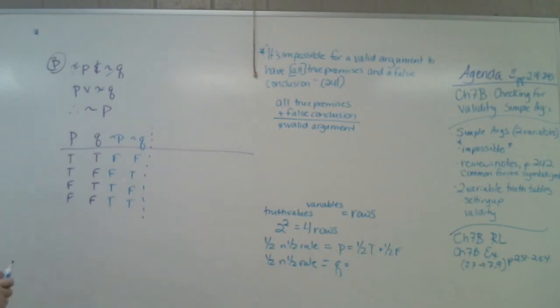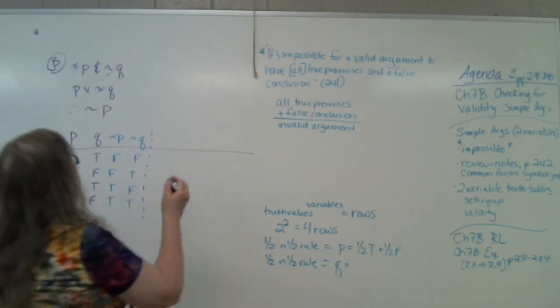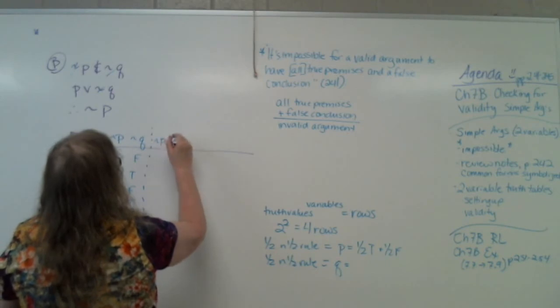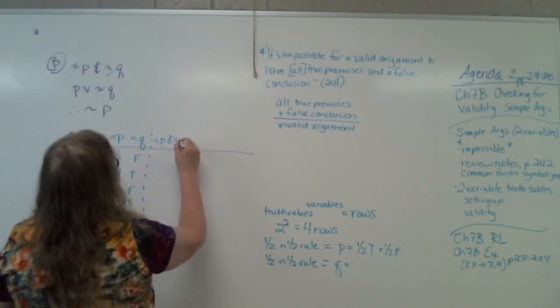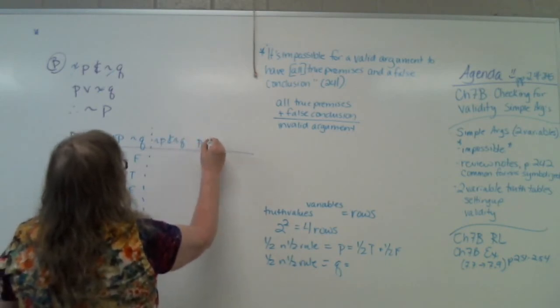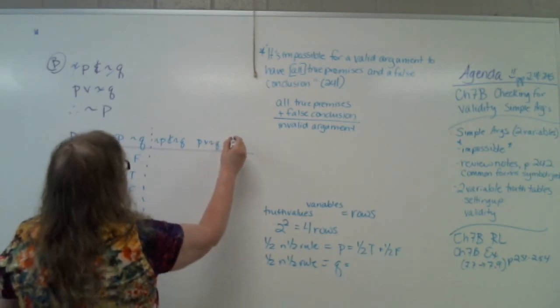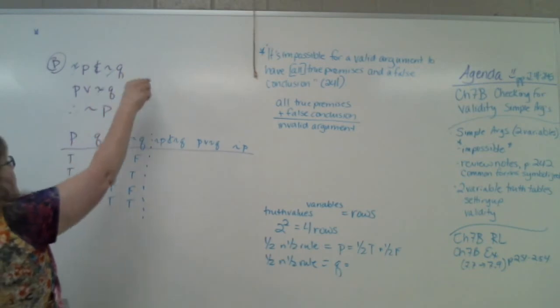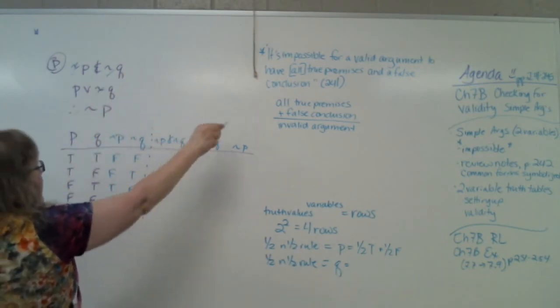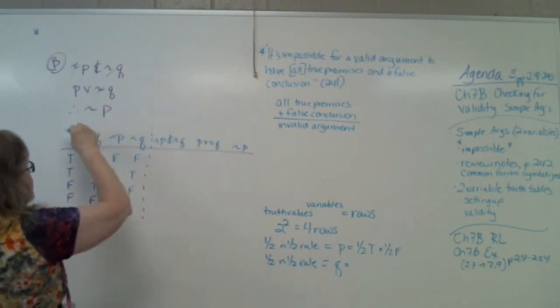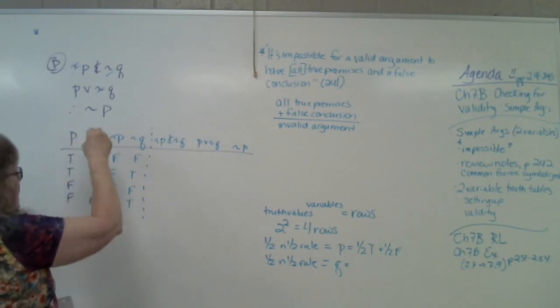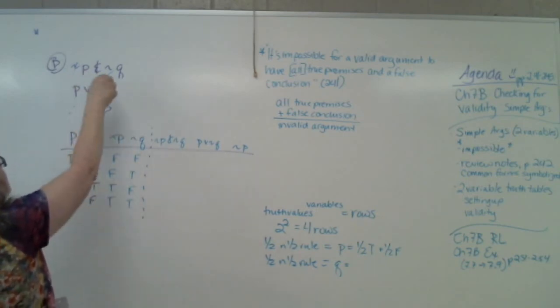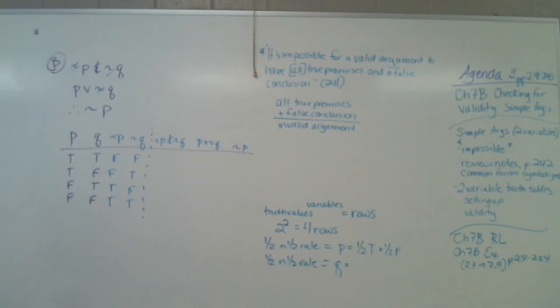Now, I can say not P and not Q, P or not Q, therefore not P. I give each of my premises a column and my conclusion a column, my two variables a column, and anything I need to do to make it so I only have to do one thing at a time. We're good.